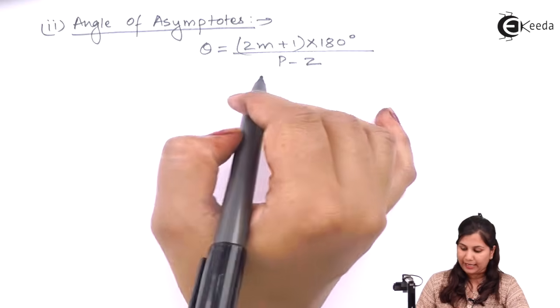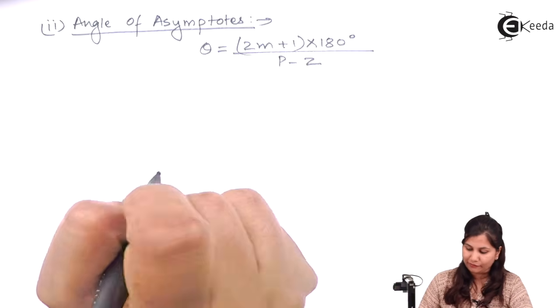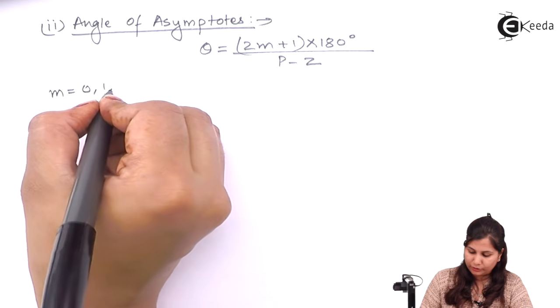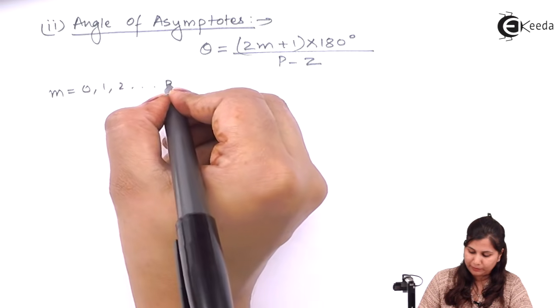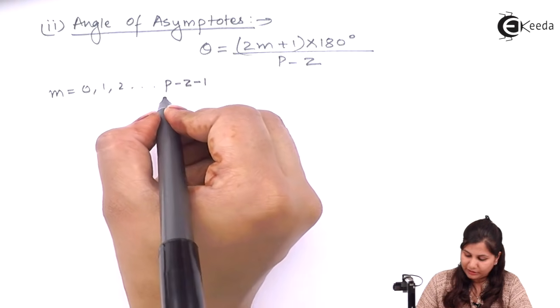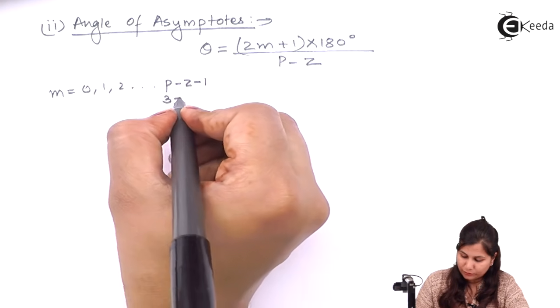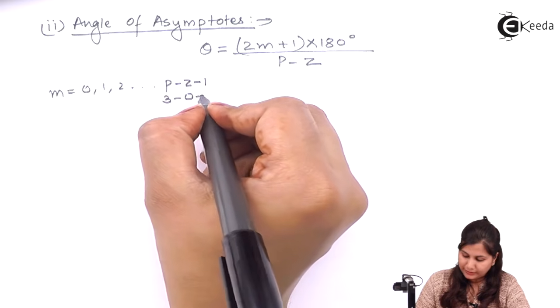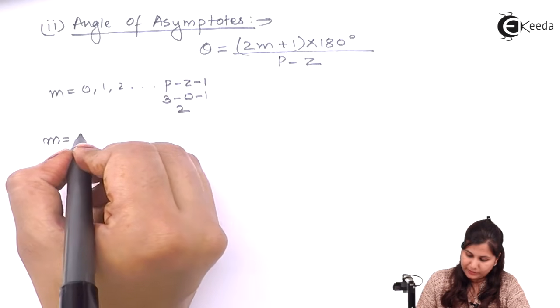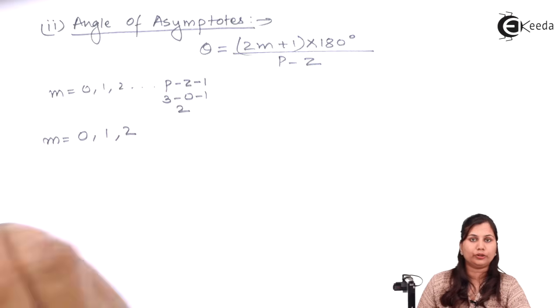So it is the formula for the angle of asymptotes. Here m will be equal to 0, 1, 2 till p minus z minus 1. So p we are having 3 poles and zeros is 0, and then minus 1. So 3 minus 1, 2. So the value of m will be 0, 1 and 2.